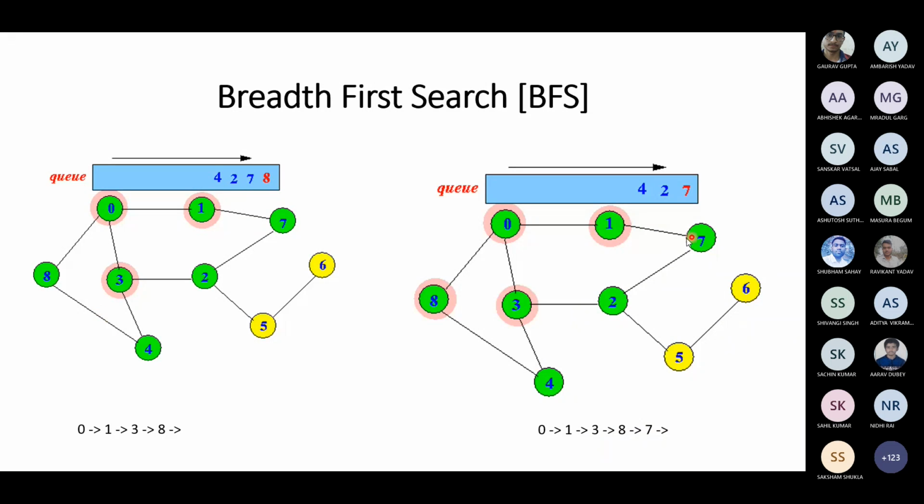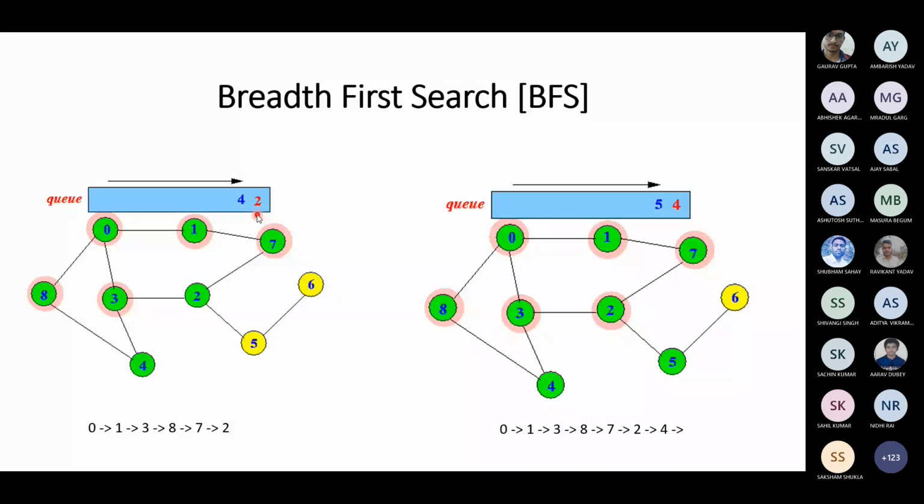The next element you will visit is 7. After 7, again 2 is there, but 2 is already in the queue. So after 8, you will visit 7. After 7, you will visit 2. After 2, 5 will be inserted in the queue. The next element you will visit is 4, which is on the front.